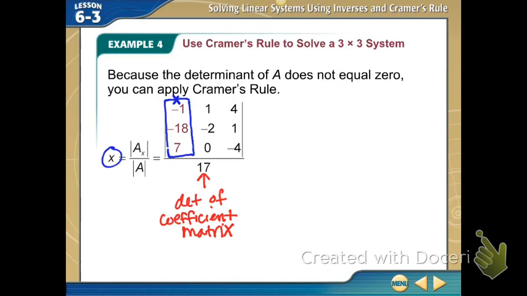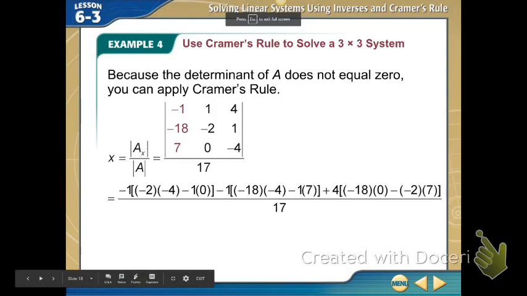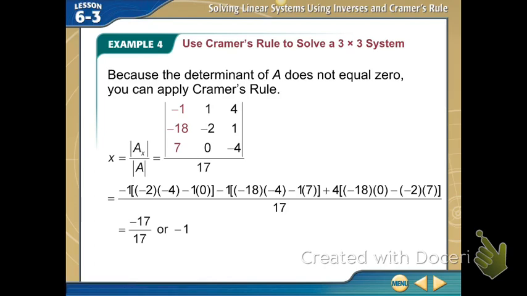So let's find the determinant of the matrix in the numerator, the one that has all the answers in the x column. And we find that the determinant here is -17. So we get -17 over 17, and that tells us that x is equal to -1.